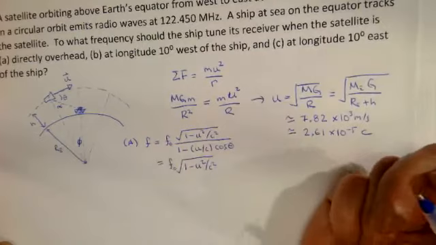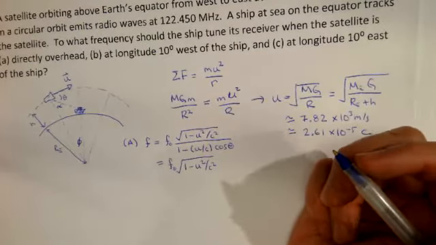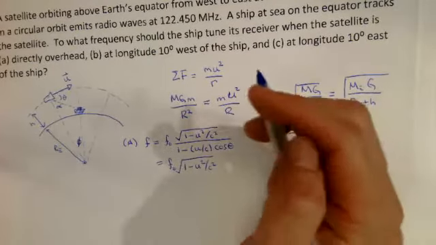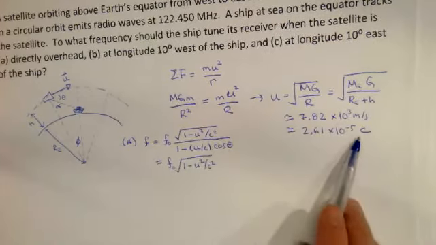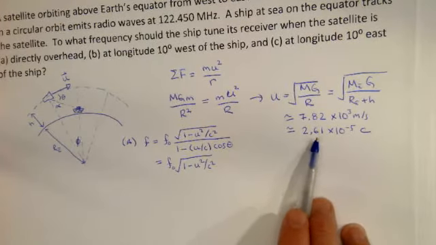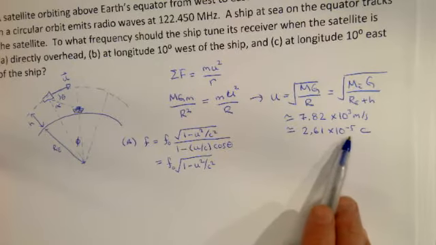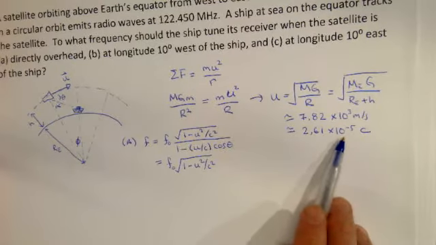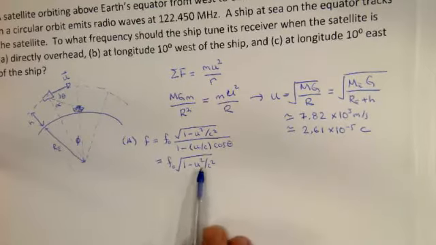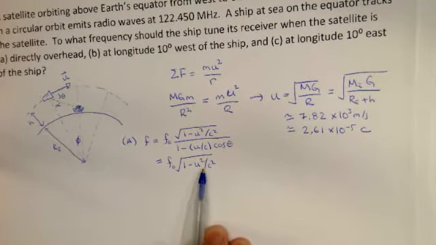And in this case, since u over c is going to look like 2.61 times 10 to the minus 5, well, u squared over c squared is going to be on the order of 10 to the minus 10, right?